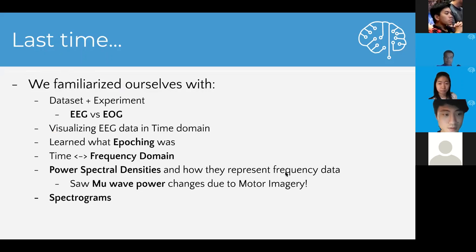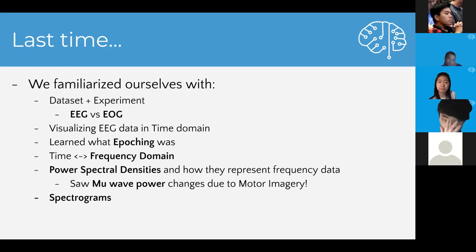Next slide. Now that we were familiarized with how the experiment was set up, we also got ourselves familiar with the data set itself. In the Jupyter notebook, we visualized the EEG data in the time domain. We then sectioned the raw EEG data into individual epochs.